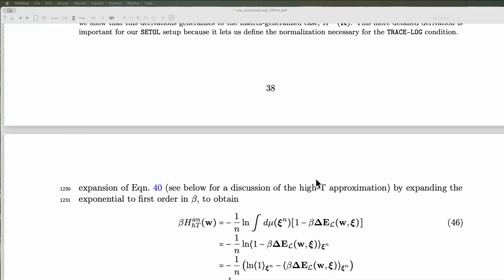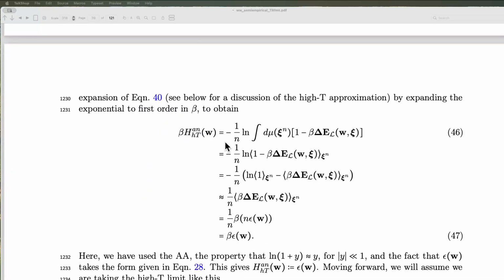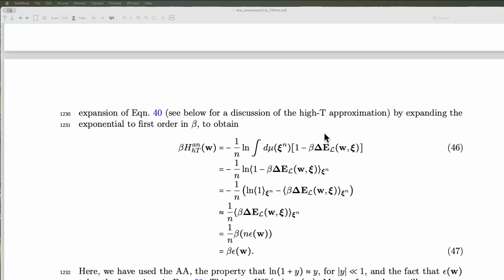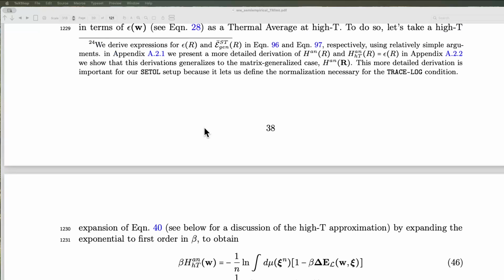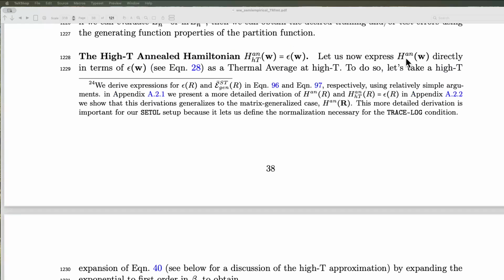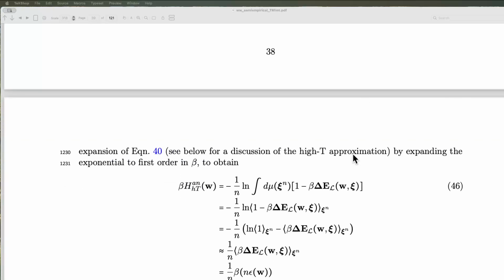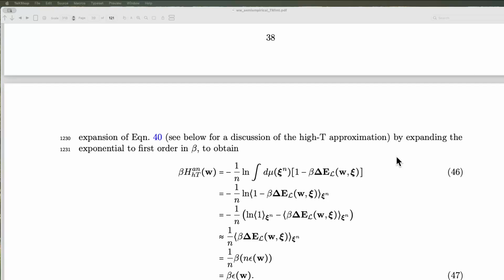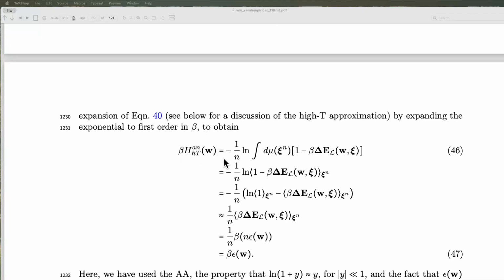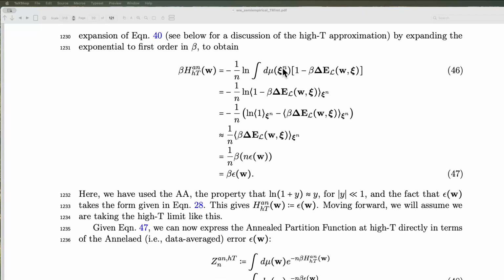Then I go through and derive it. Let us now express HAN directly in terms of epsilon of W, equation 28, as a thermal average at high T. To do so, let us take a high T expansion of equation 40 by expanding the exponential to first order, similar to what we did above.